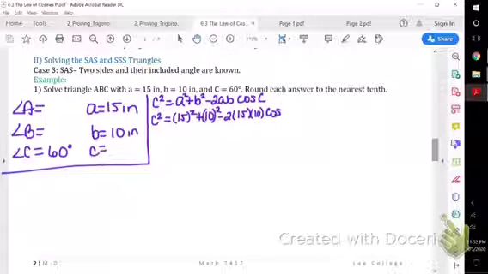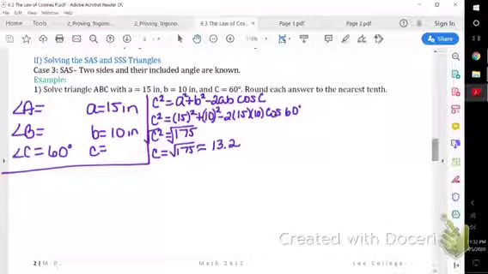Cosine, and I know angle C is 60 degrees. All right, so I'm going to work this out. I'm just going to plug all that in my calculator. And so C squared equals 175. Take the square root, and so C is equal to the square root of 175, which is approximately, rounded to the nearest tenth, 13.2. So I know side C is 13.2 inches.